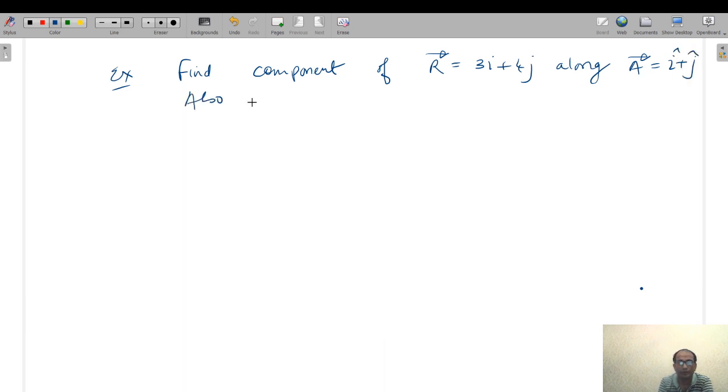Also find the vector components of R along A and perpendicular to A.